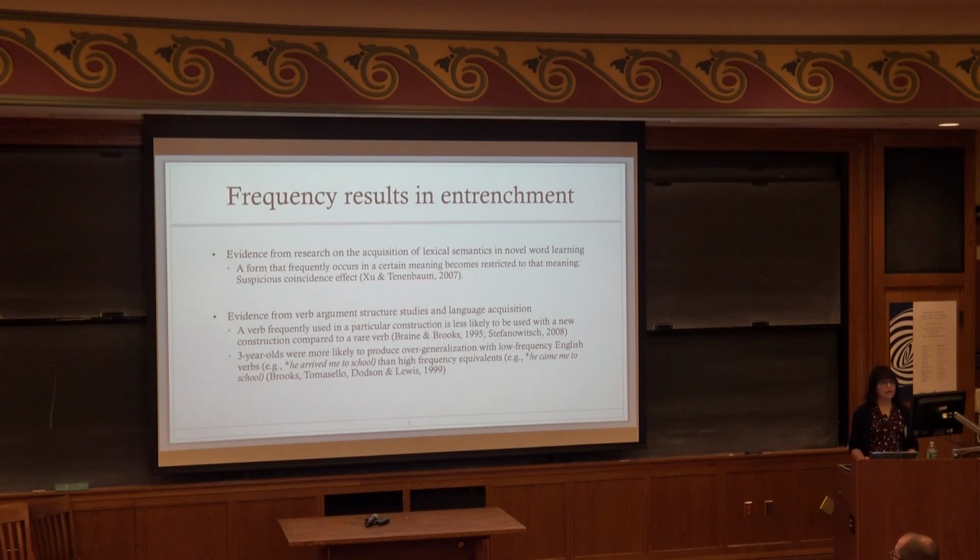Brooks and colleagues show that 3-year-olds were more likely to produce overgeneralization with low-frequency English verbs than high-frequency verbs. For example, they were more likely to say "he arrived me to school" than "he came me to school." This is also shown in the grammaticality judgment studies by Ambridge and colleagues in at least a few studies and by Ambridge and Easton.